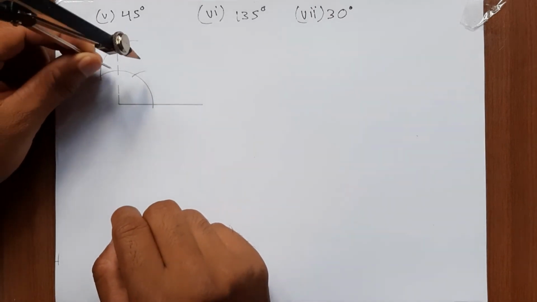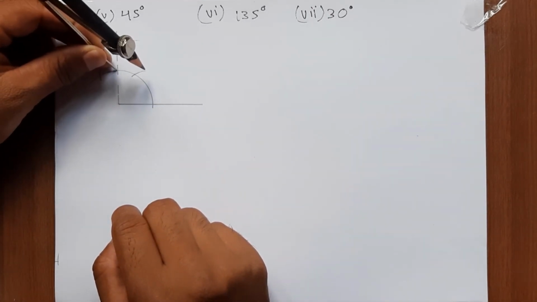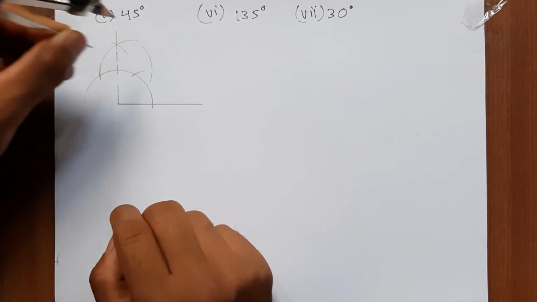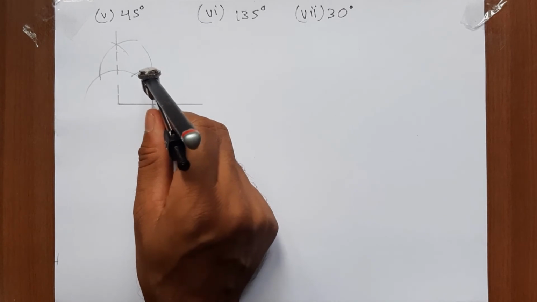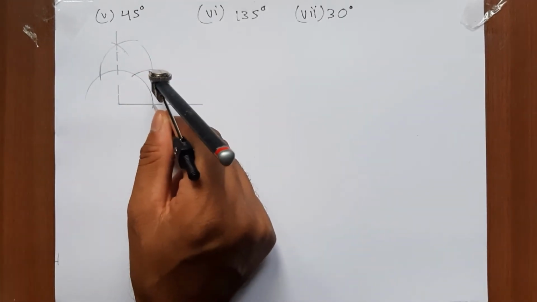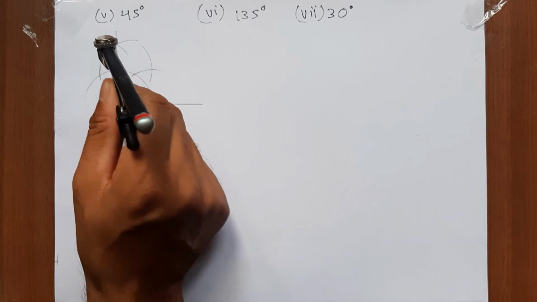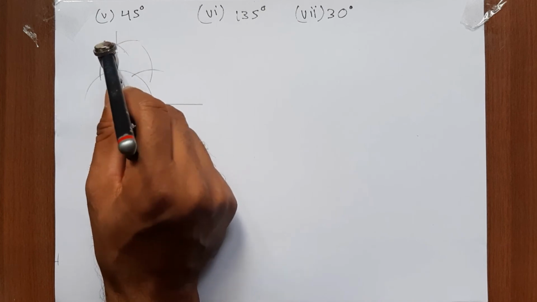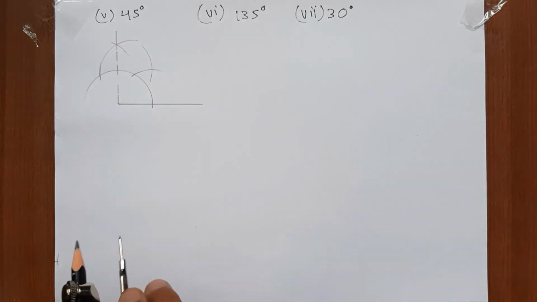To draw the angle bisector, we will draw an arc from here and another arc from here. This is 0 degrees, this is 60 degrees, this is 90 degrees.